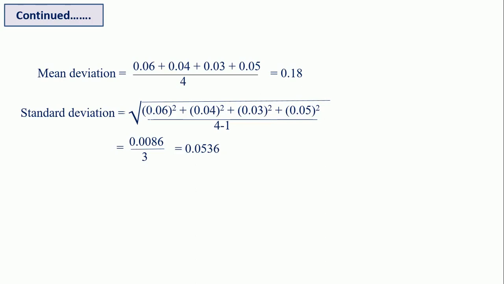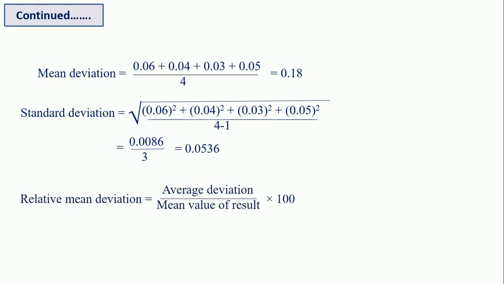And now the last value, that is called relative mean deviation. Relative mean deviation is equal to average deviation divided by mean value, multiplied by 100. We have calculated the average deviation, and we also have the mean value of the result. The 100 is to express it in percentage.